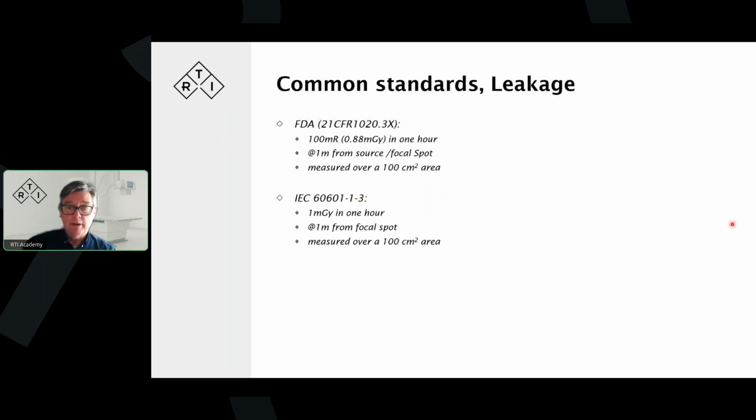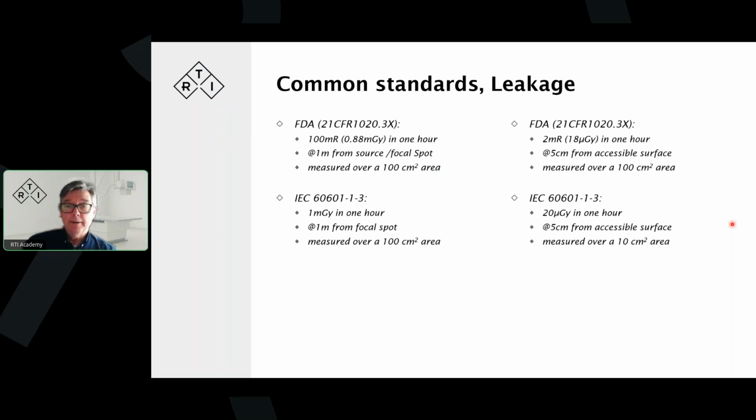It's 100 mR or 0.88 milligray for the FDA regulations, and in the IEC they rounded 0.88 up to 1 milligray in 1 hour. Here, for other areas, when it comes to barrier testing, this is what we're using to check barriers.